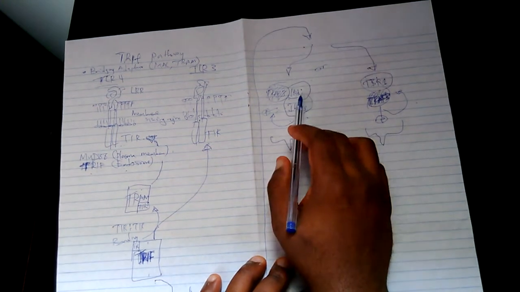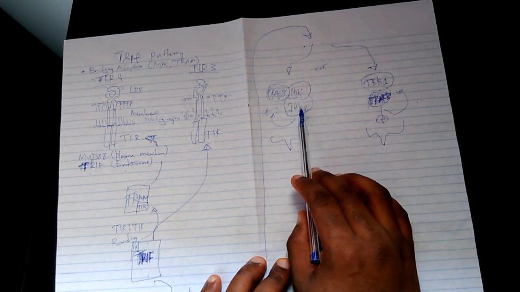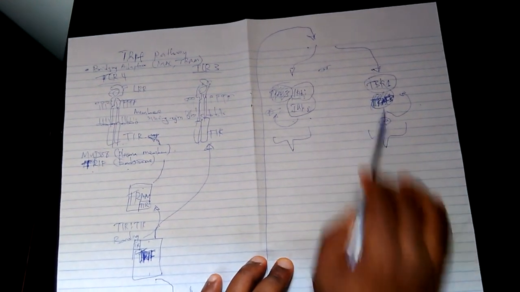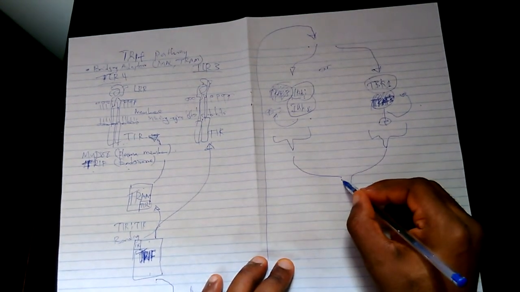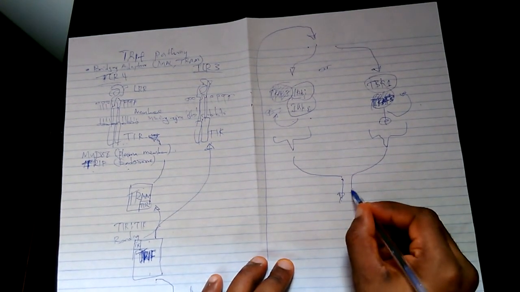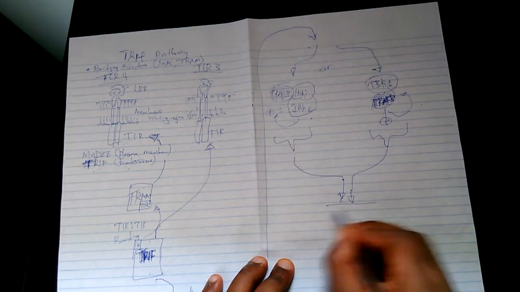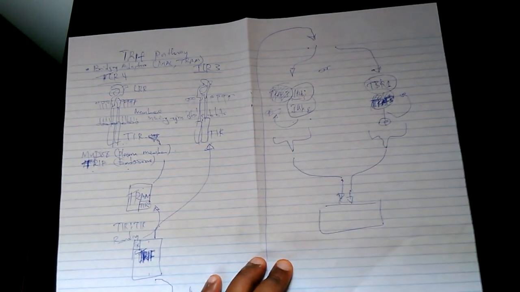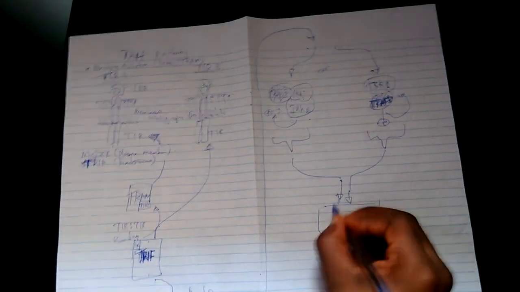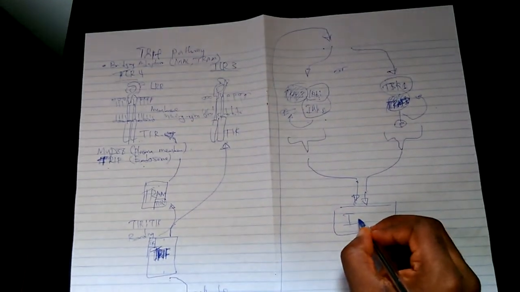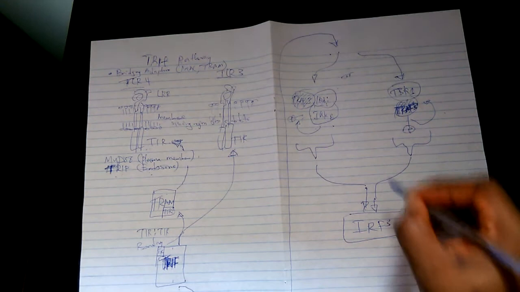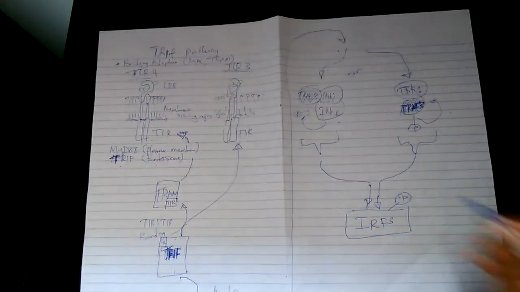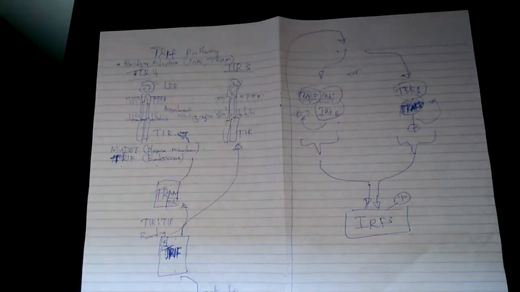If this is the one that is bound to, it's going to do the same thing, but they're both going to activate a specific protein called IRF3. And you guessed it, by phosphorylation, the most common way of activating proteins.